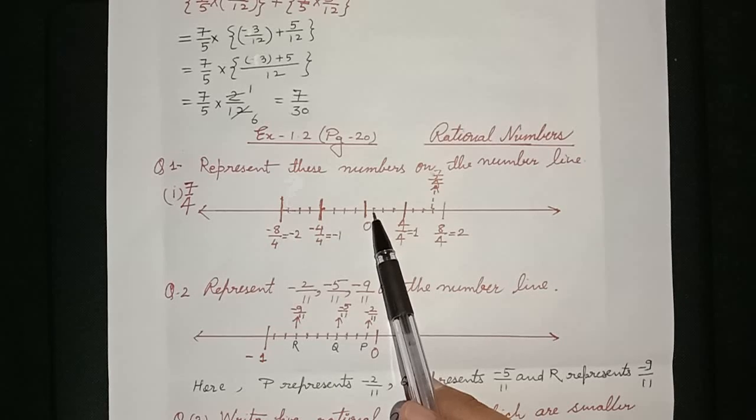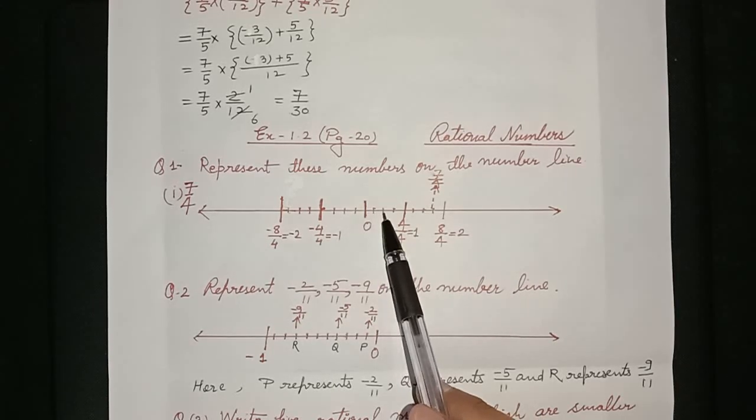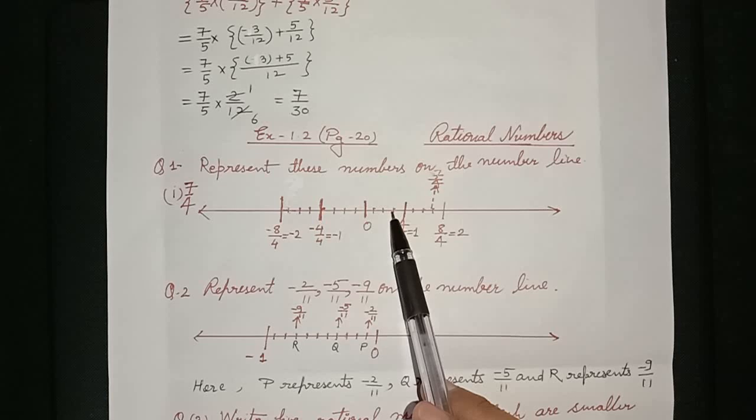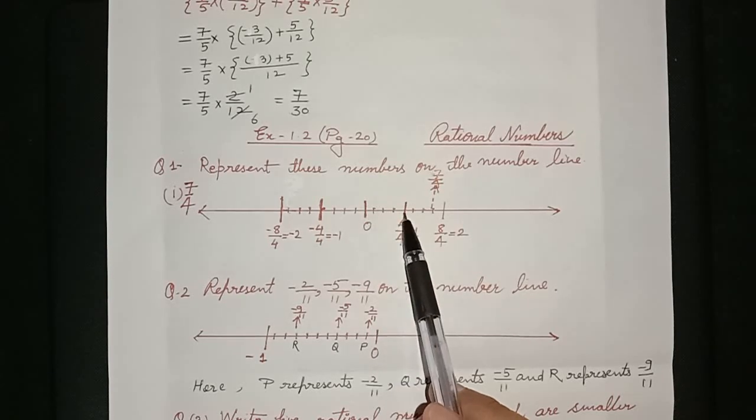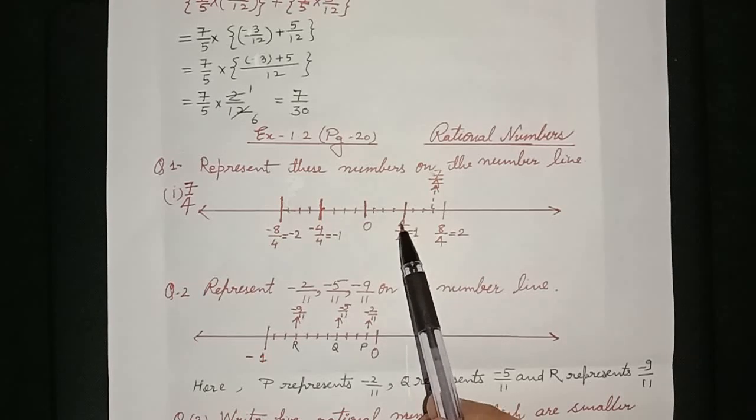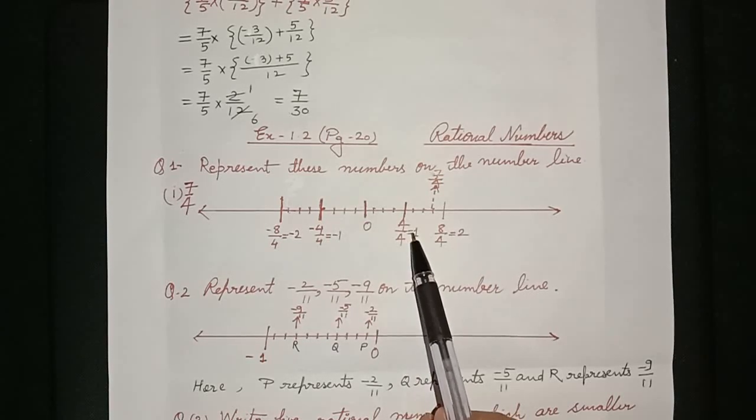So this sign shows 1 by 4. This point shows 2 by 4. From here to here, 3 by 4. From this point to this point, 4 by 4, and 4 by 4 is equal to 1.